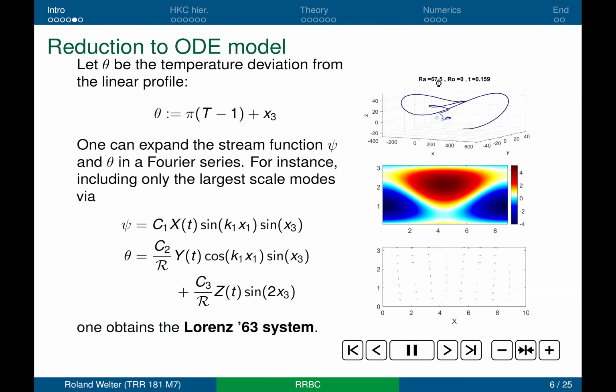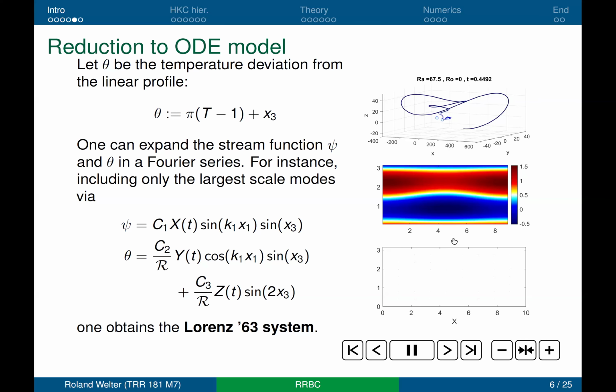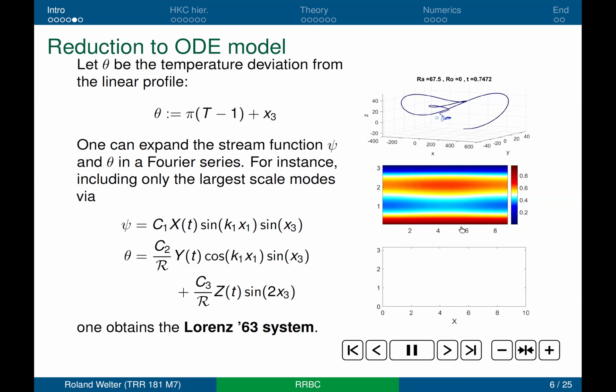At this low Rayleigh number, which you can think of as the temperature difference, if there's not a big temperature difference, then eventually the fluid settles down to a fixed point solution, representing a constantly overturning large scale flow.